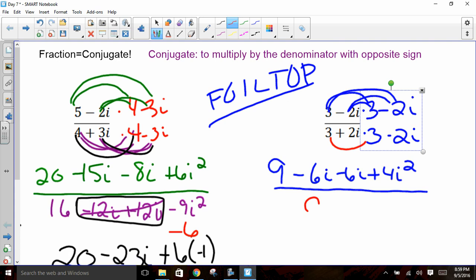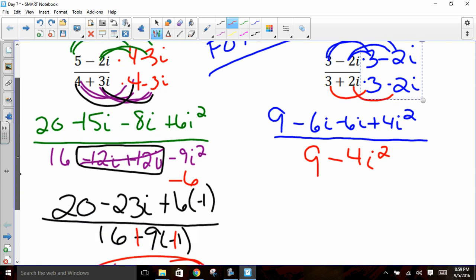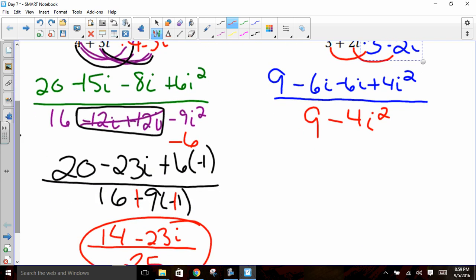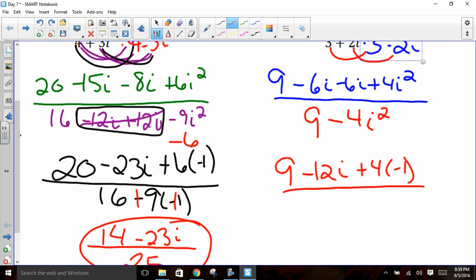So 3 times 3 is 9. And then, excuse me, I'm not even doing it in the right order now. I just want to do it all. 2i times negative 2i is negative 4i squared. So that gives us 9 minus 12i plus 4 times negative 1 all over 9 minus 4 times negative 1.